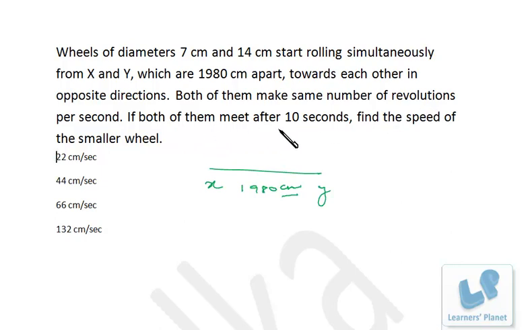If both of them meet after 10 seconds, find the speed of the smaller wheel. They have to jointly cover that distance of 1980 and they are meeting after 10 seconds. That means the relative speed is 198 per second. Now friends, when a wheel moves, just see carefully. If it moves, what happens?